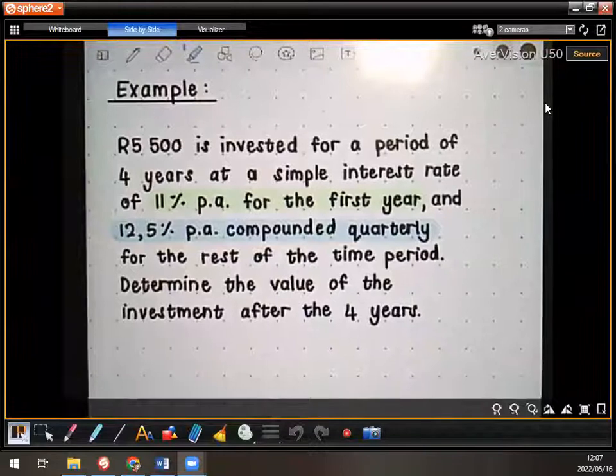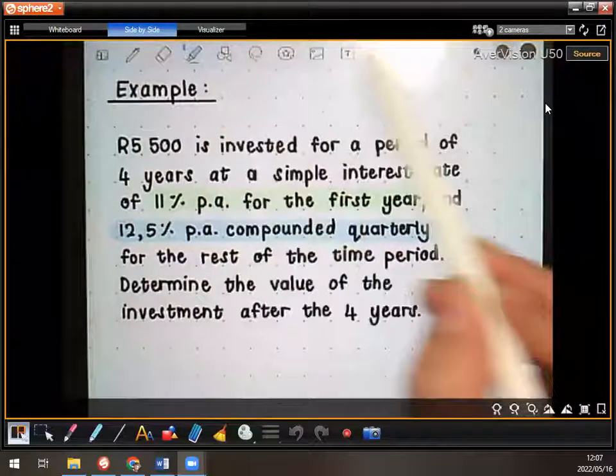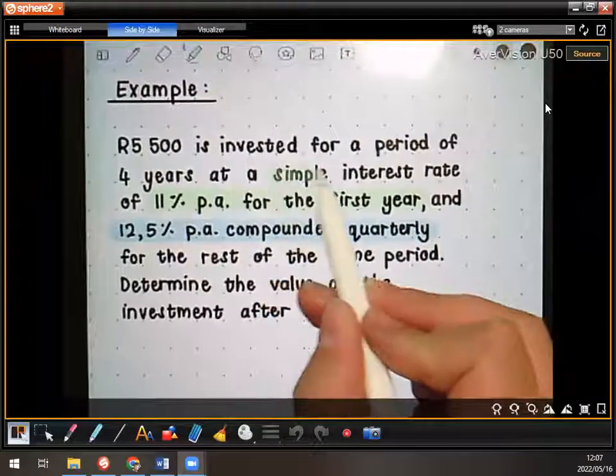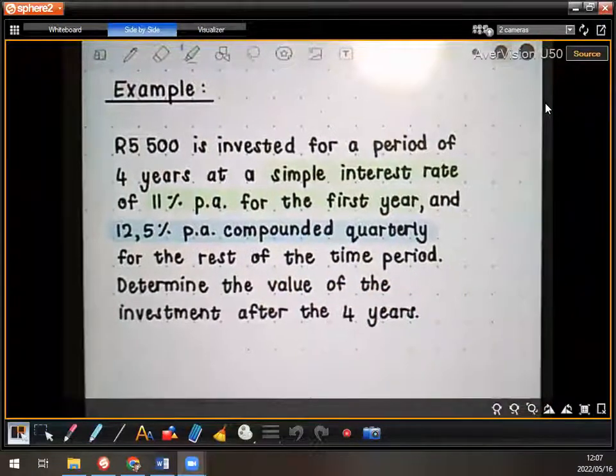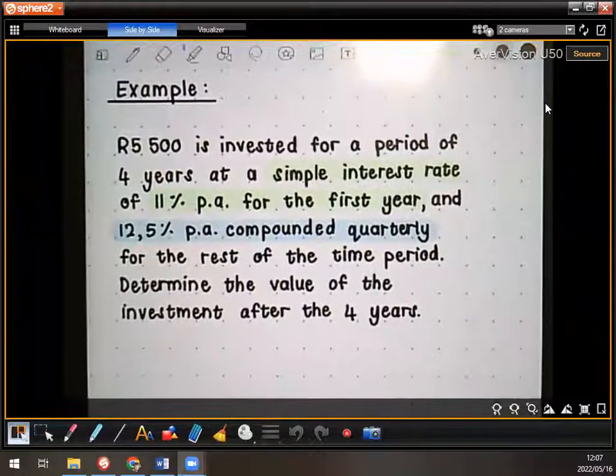So we have 5,500 rand invested for a period of 4 years at a simple interest rate. That's also important, so let's highlight that in green. That's a simple interest rate, and we won't actually work with simple interest in a while. So a simple interest rate of 11% per annum for the first year, and then 12.5% per annum compounded quarterly for the rest of the time period.